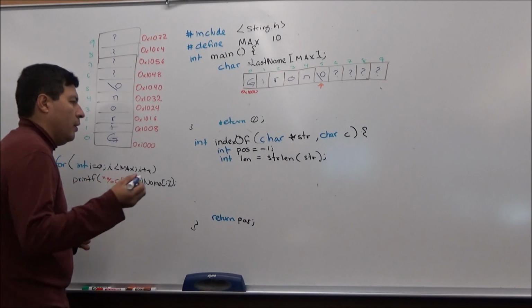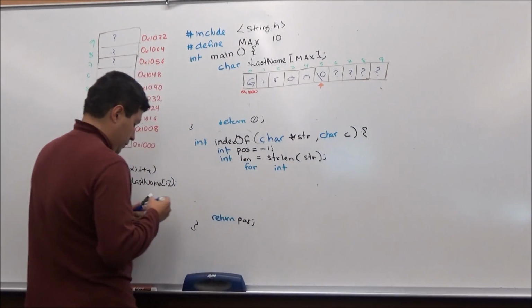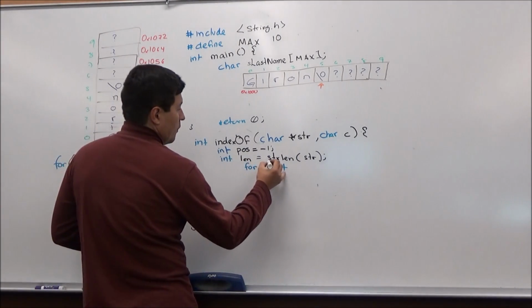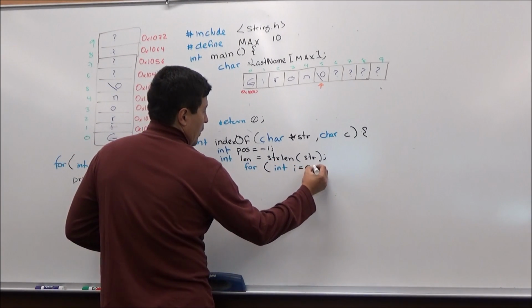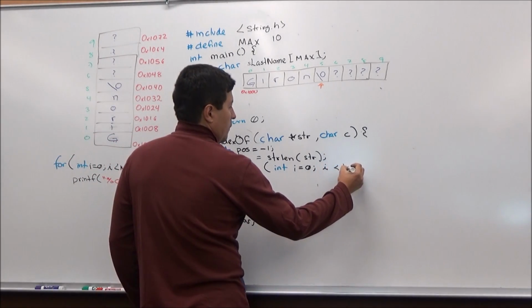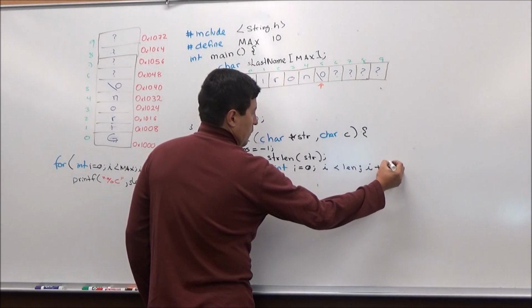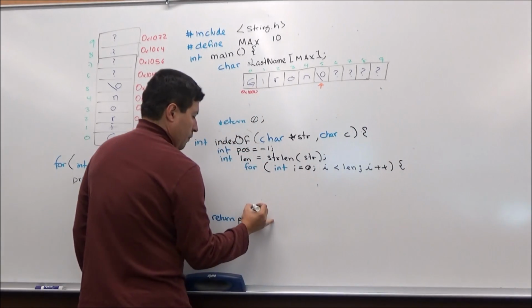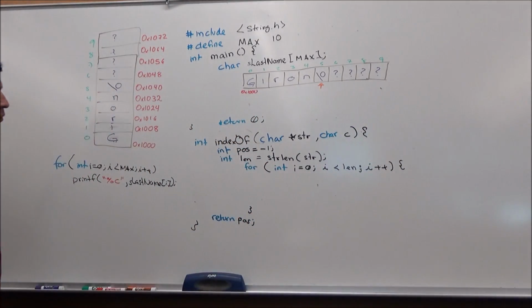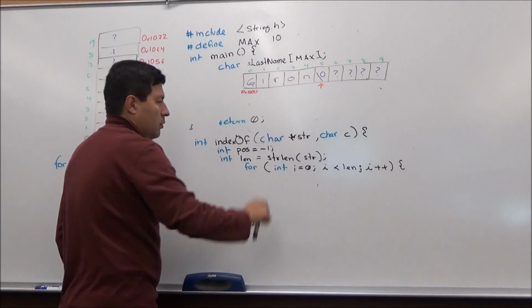So I could do a for loop here, I suppose. Now I can use that length. And in here, all I gotta do is compare each character to that.